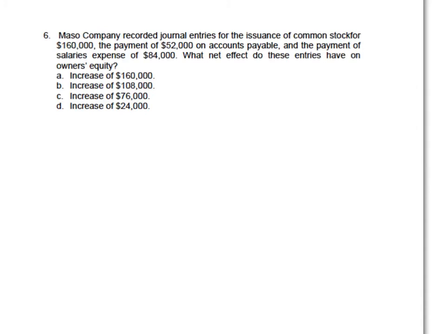Maso Company recorded journal entries for the issuance of common stock for $160,000, the payment of $52,000 on accounts payable, and the payment of salary expense of $84,000. What effect do these entries have on owner's equity? So if we create an owner's equity T account on the right-hand side of the accounting equation, when we issue common stock, we debit cash and credit owner's equity, specifically contributed capital, but it's all part of owner's equity.